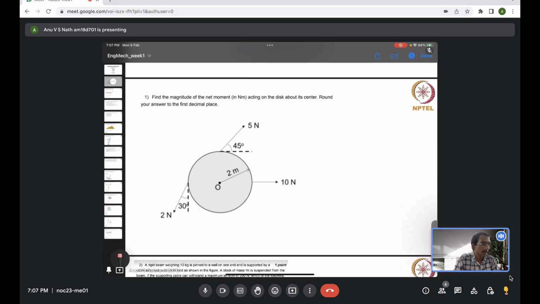Basically, you have to evaluate the net moment about the center O. There are various forces acting on this disk. I'll give a minute for you to try it out, and if you find the answer, please respond either in the chat box or through your mic by unmuting yourself. I'll wait for a minute, then I will explain how to solve it.